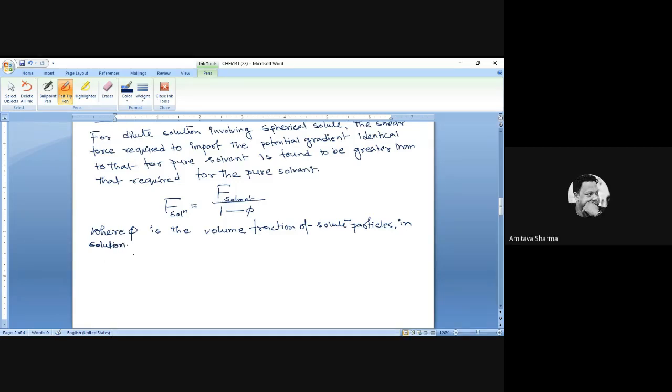So for a solution we can write that the viscosity coefficient of solution equals the shear force of solution by the cross-sectional area of the surface times del V del Y. From there, by using the relation, this is actually equation 5, equation 4 that I have given.